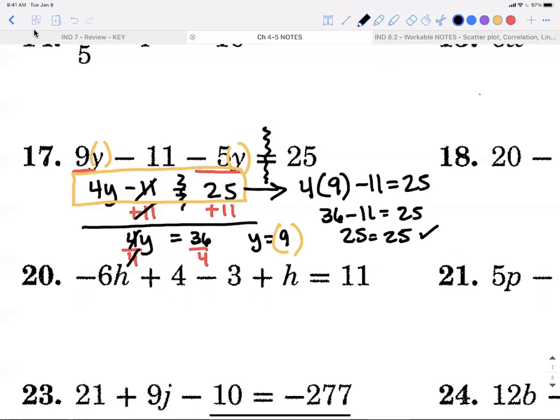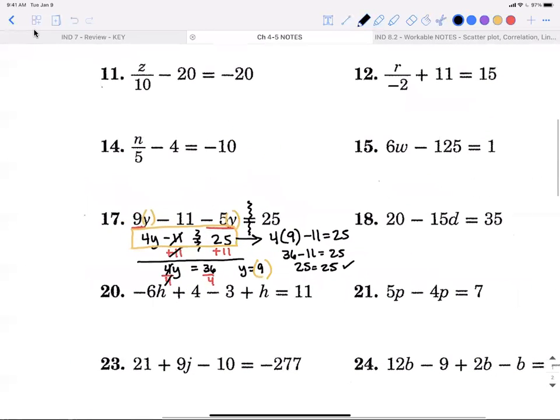All right, I want to do one more like this, and then I want to do one with parentheses, and then we'll be done with notes, okay? Let me look at your homework, because I don't like to do harder ones than you're going to see on your homework.